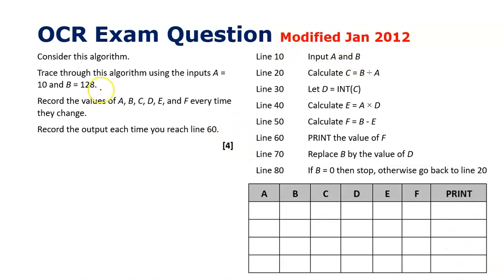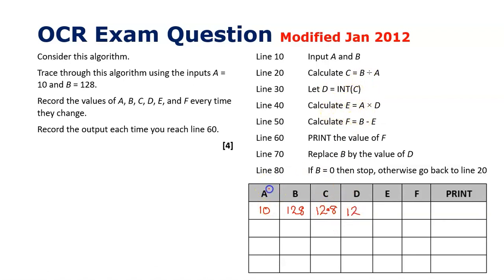So input A and B, and they tell me that's 10 and that's 128. Calculate C, and C equals B divided by A. So that's 128 divided by 10, that's 12.8. D is the integer of C, so that's just 12. Notice the 8 doesn't matter.